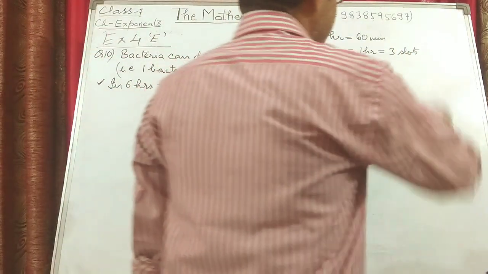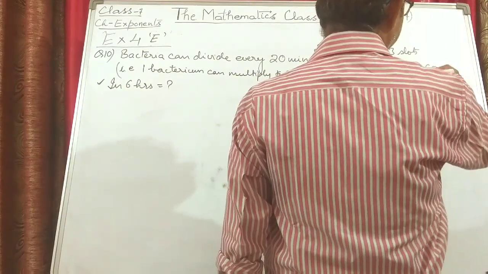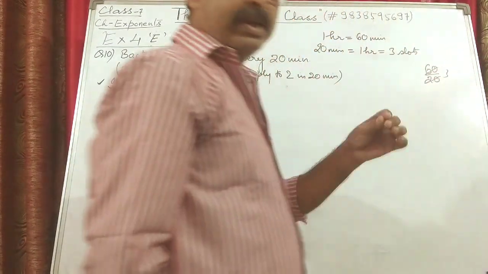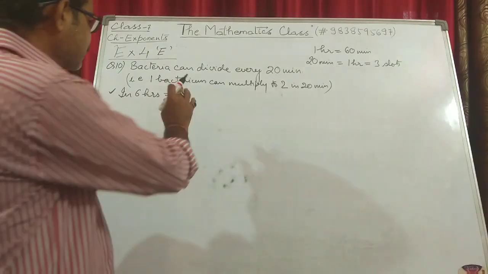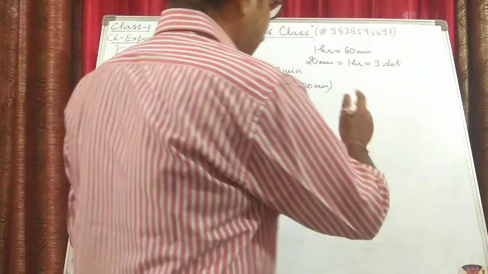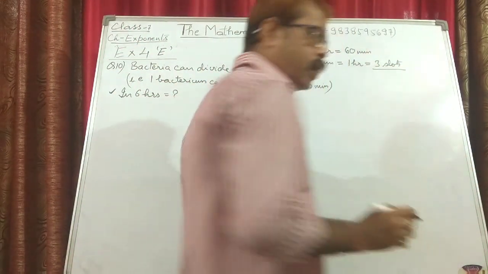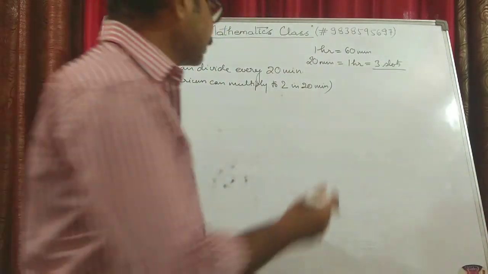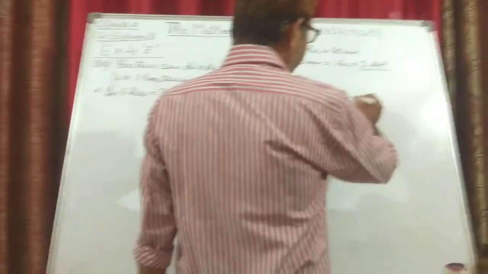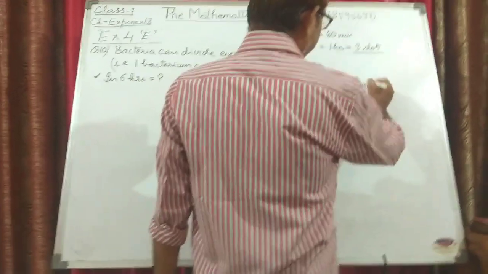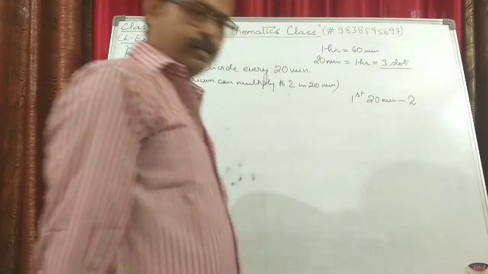How we found this? 60 divided by 20. So that is 3 slots. It means that in every 1 hour there are 3 slots of 20 minutes each. It means in the first 20 minutes this bacteria will become twice or double.